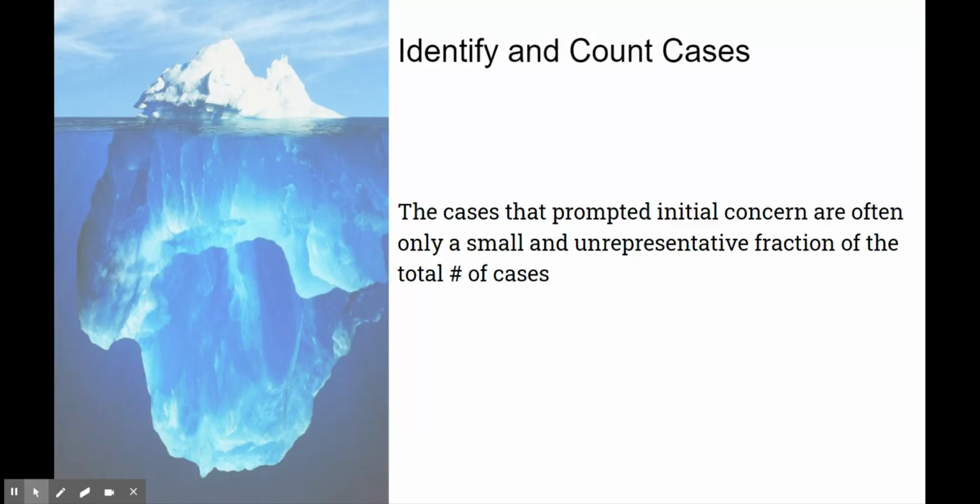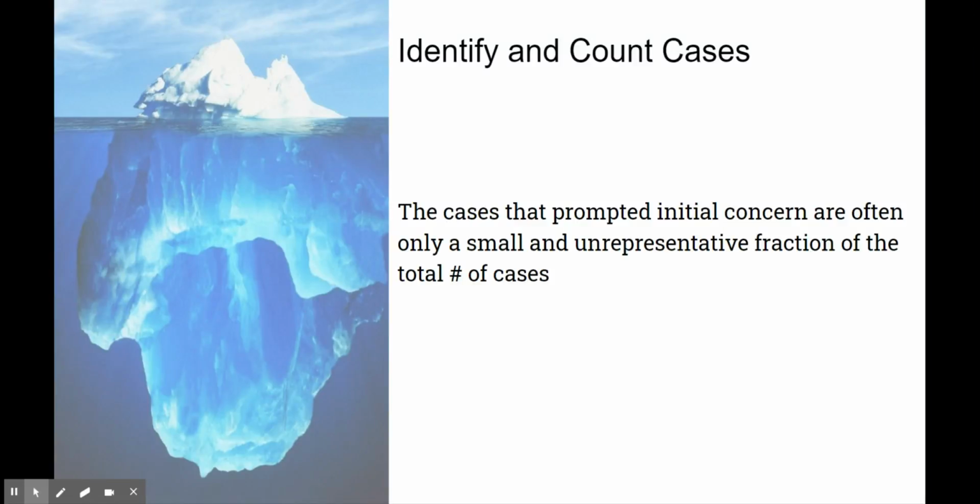So, usually at the beginning of an outbreak, we are just kind of scratching the surface. And a lot of the numbers and statistics that come out represent just a fraction of the overall total number of true cases. And when we're dealing with public health and disease surveillance, it's very, very difficult, if not impossible, to get an accurate, full, complete picture of the total number of cases of disease.